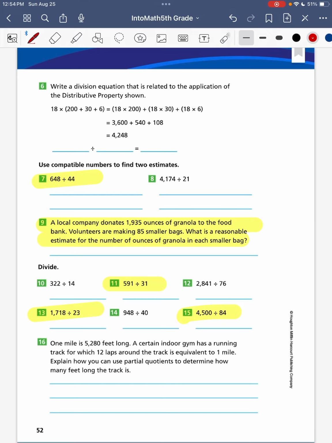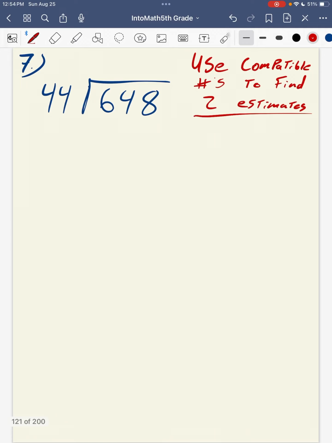All right, we're going to do the odd number problems on page 52, 7, 9, 11, 13, and 15. For number 7, using compatible numbers to find two different estimates. Well, I can round this to 40, and I can round 648 to, let's say, 640 as our compatible numbers.